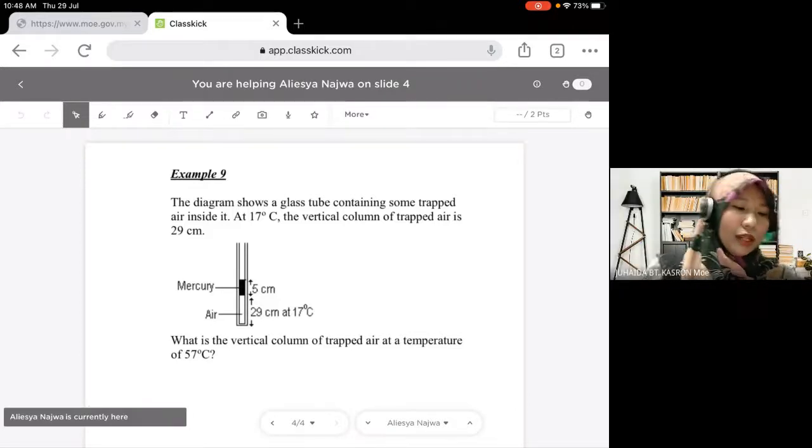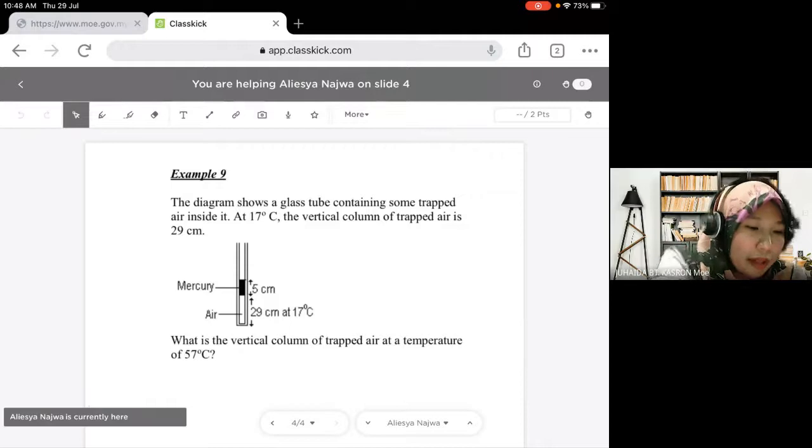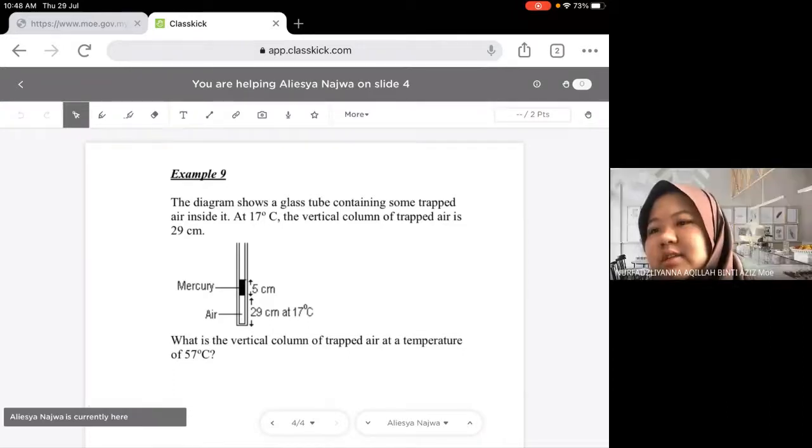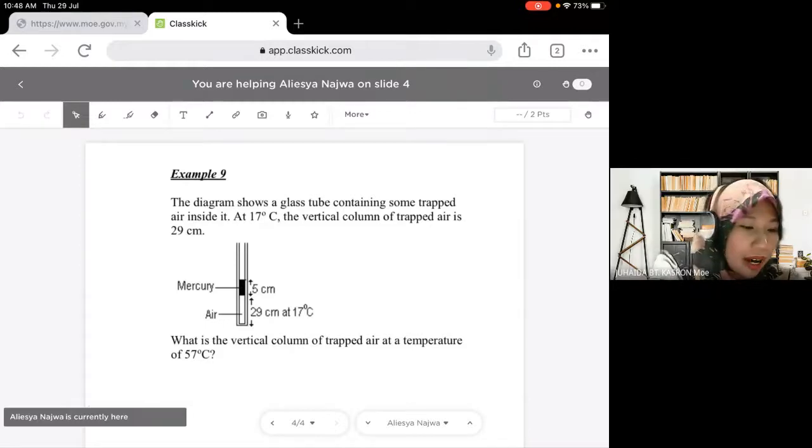Okay, so this question is a bit different. Can you see what V1 is? The temperature T1 is what? Alisha Najwa: 17 Celsius. Okay, I'm sharing your screen right now.